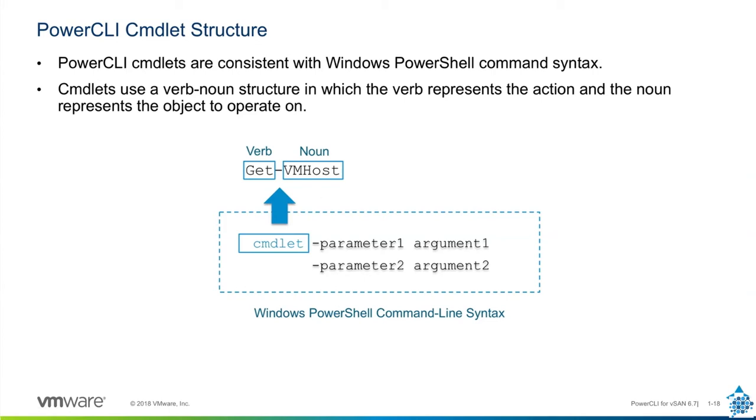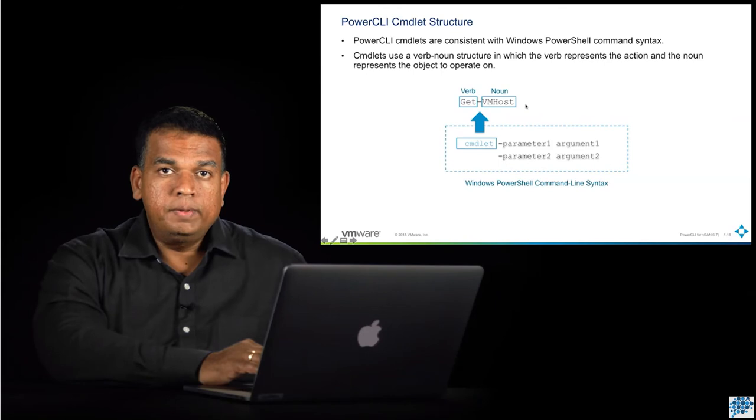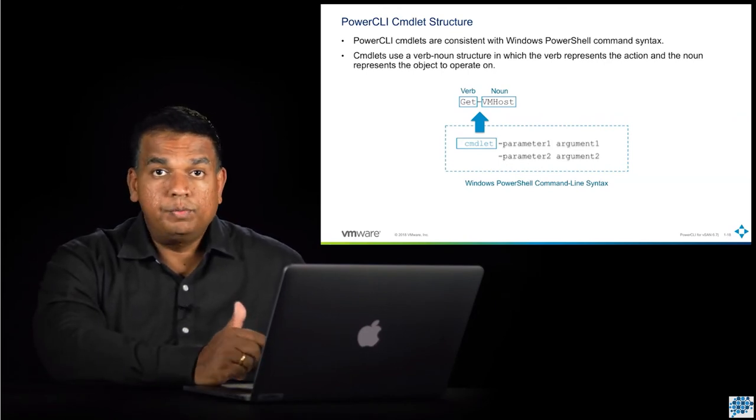So all PowerCLI cmdlets need to follow the same kind of pattern, which is a verb followed by a noun. The other things to keep in mind are the terms parameter and argument. The parameter in this case would be a particular aspect of that object which we want to look at.